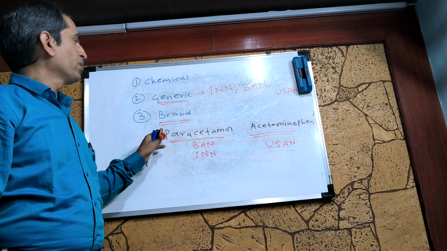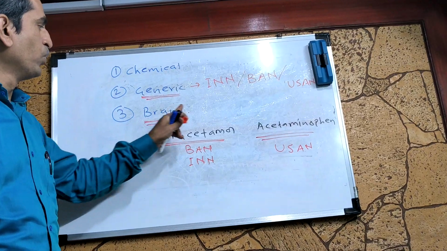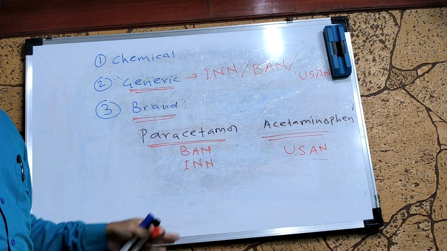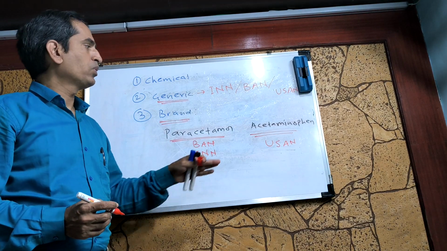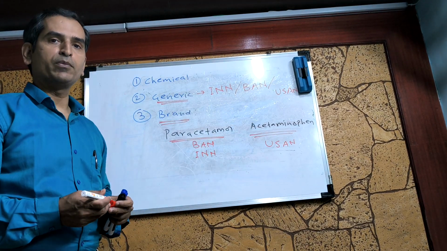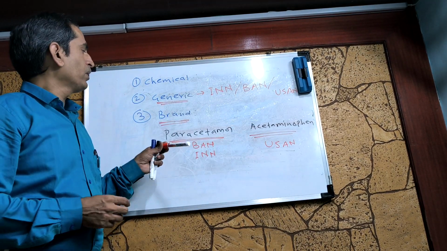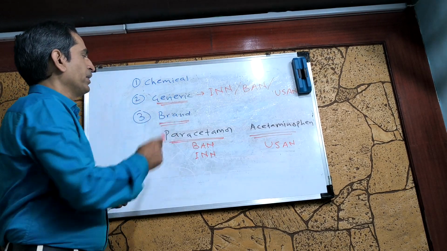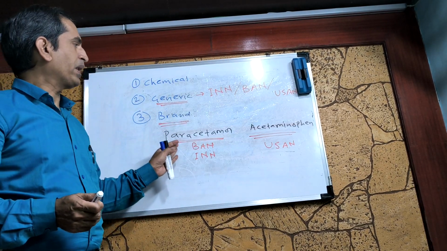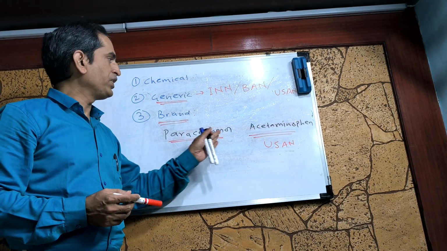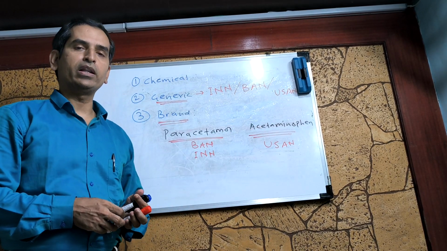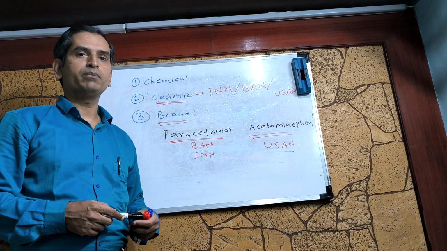So that is why some books or journals mention paracetamol, while others mention acetaminophen. In the US it would be called acetaminophen. Now that is about the generic name. And when paracetamol or acetaminophen is marketed, the company marketing these products would give a different name, and that name would be called the brand name.